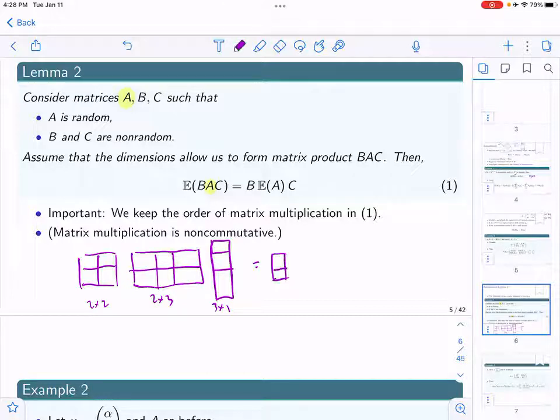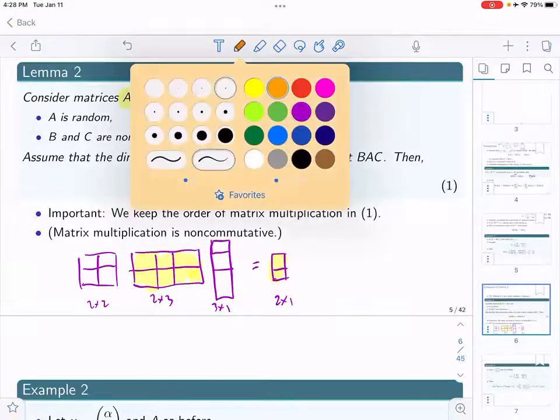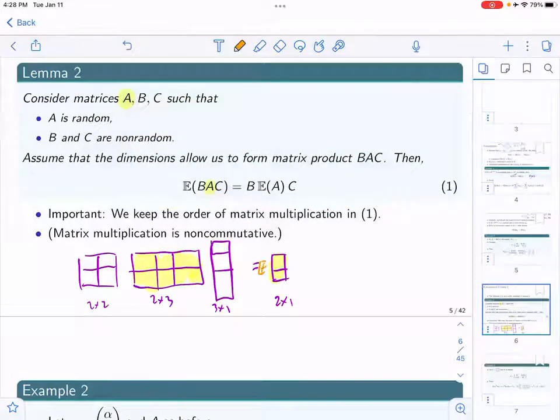So what this is saying is that this is going to be a random vector because this guy is random. So when I take the expectation on both sides, I want to compute the expectation of this random vector. I can just move the expectation inside, take the expectation here, and then multiply out everything. That's what it means. Okay, no problem.